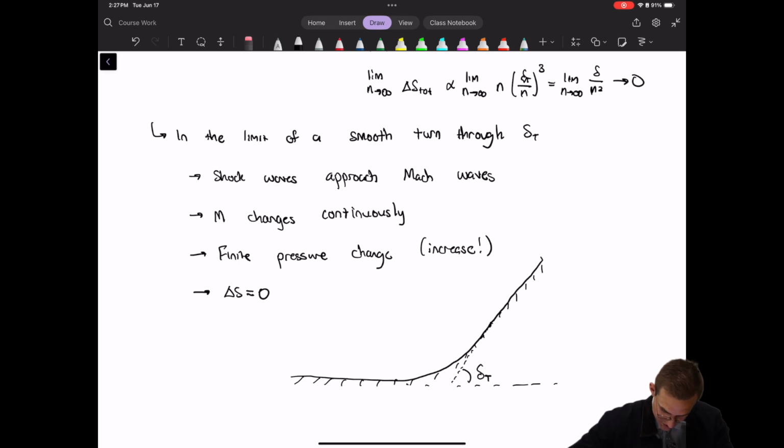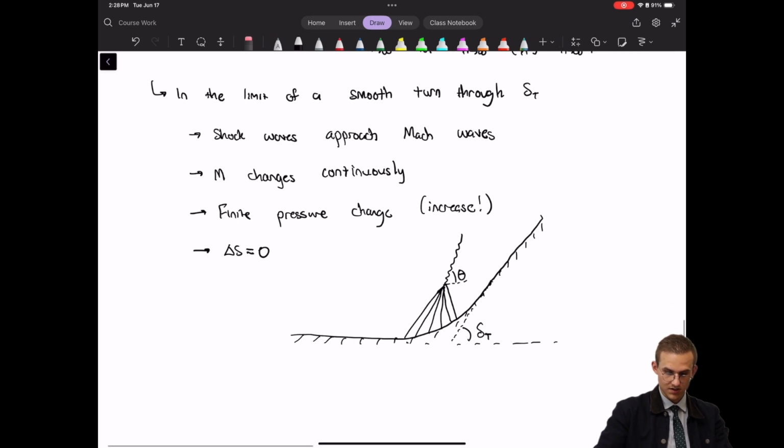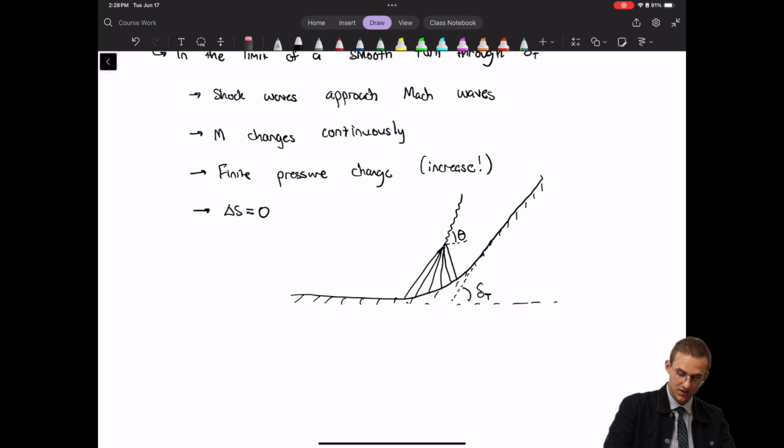And then for this region of changes in directions, you have all these Mach wave oblique shocks coalesce to form an oblique shock here at some angle delta, and that oblique shock is forming at the angle required to produce the total deflection angle.